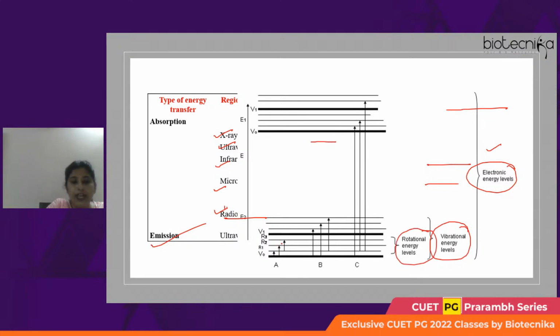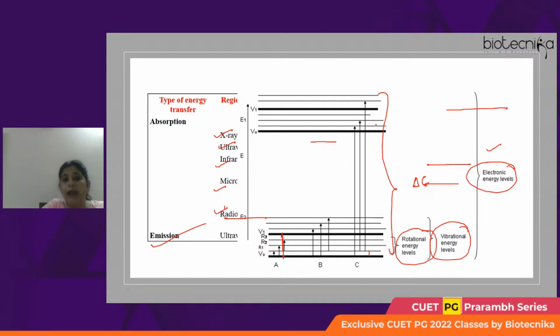If the transition takes place between vibrational states, you can see very little energy difference is there. But for transition of the electron from a vibrational state of one electronic energy level to a vibrational state of another electronic energy level, definitely this much amount of energy, delta E, has to be absorbed, right? So keep these points in mind: what you are actually studying determines the particular radiation you will use.